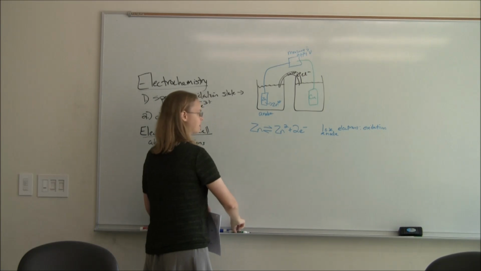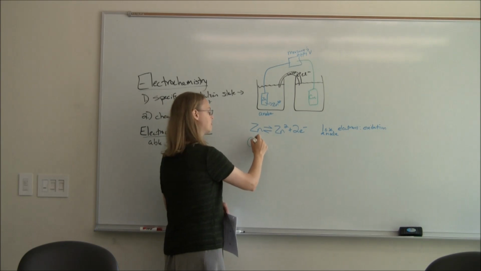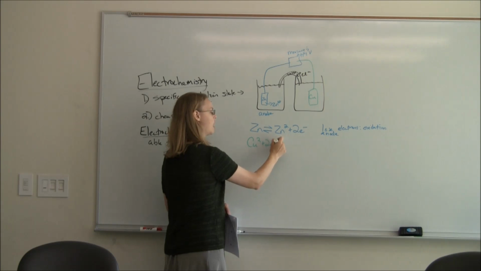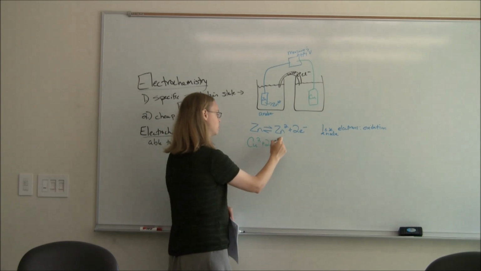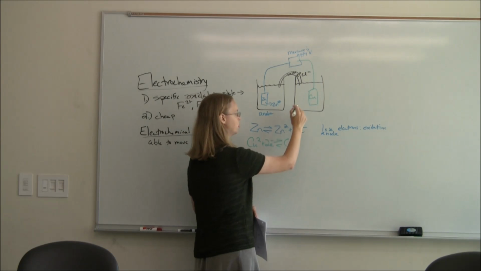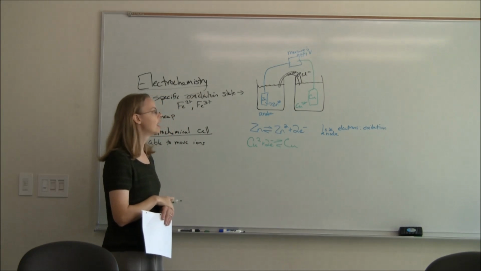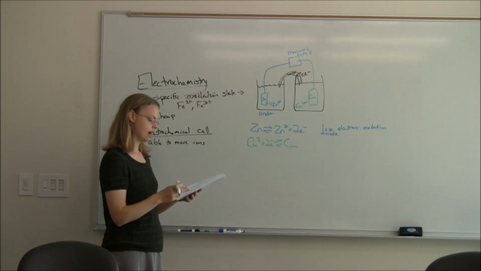At the copper electrode, we have an opposite reaction. So we have copper 2+ plus 2 electrons goes to copper. So we would have to have a solution, right, of copper sulfate, something like that, that has copper 2+ ions in there, right?